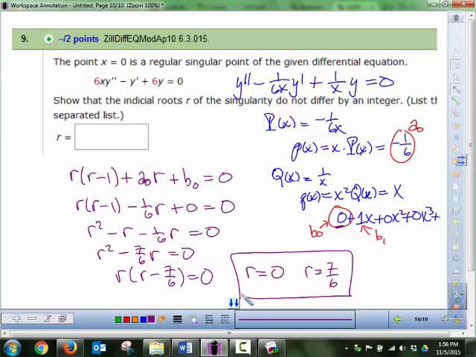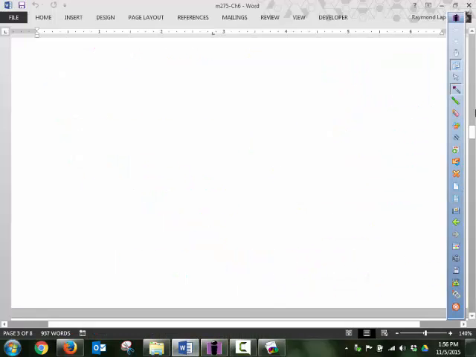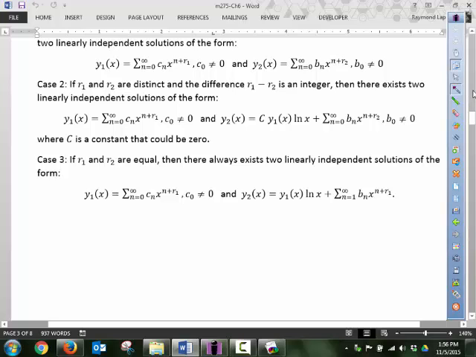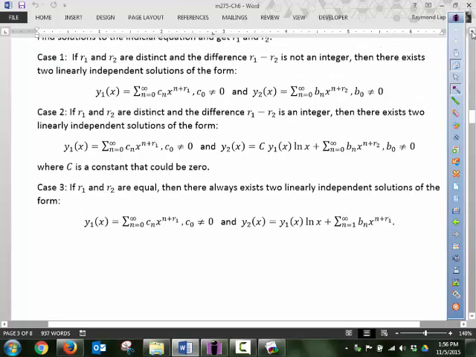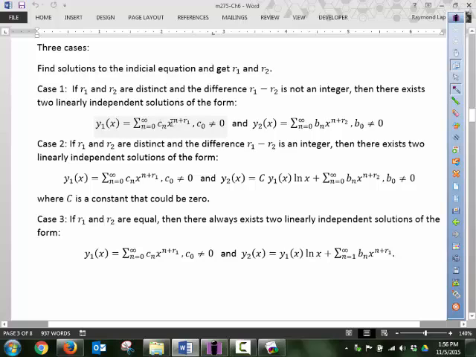So, according to our case 1, we should be looking for 2 power series solutions. The power series solution should look like this, where r is equal to whatever those powers are.